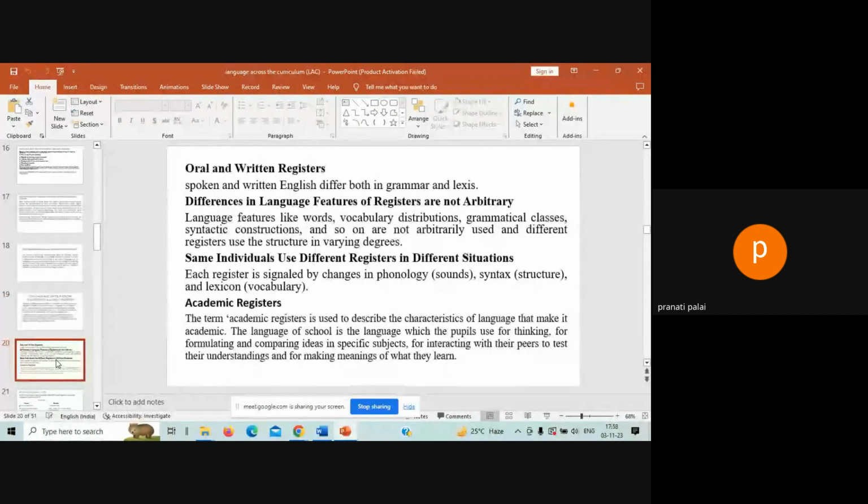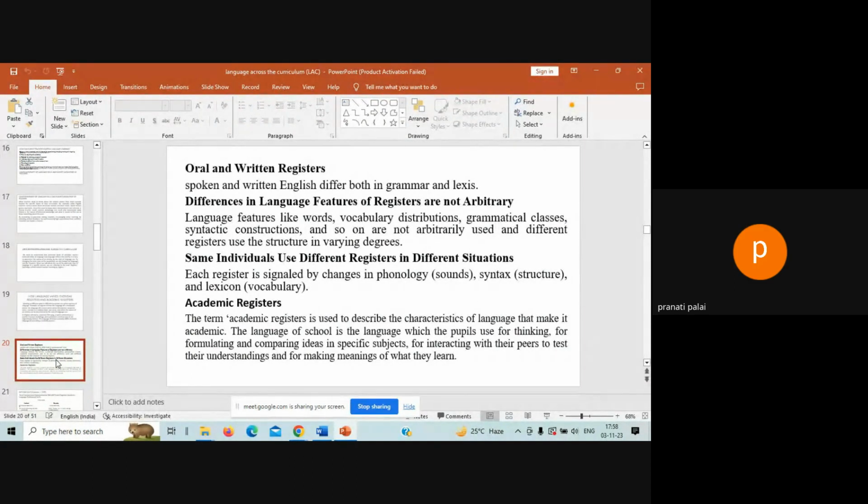Next is your oral and written registers. Spoken and written English differ both in grammar and lexis, or meaning. So how do spoken and written English differ from each other? Anybody who can say or who wants to add? There is pronunciation difference from state to state.